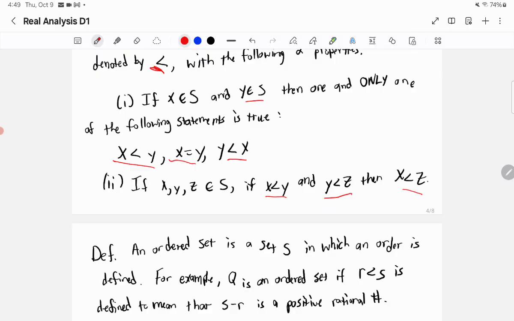This seems kind of trivial, and it's what you've learned, but we're trying to build up everything from first principles. We are trying to start off with as few assumptions as humanly possible and build things up from that. So x is less than y, y is less than z, then that implies that x has to be less than z.